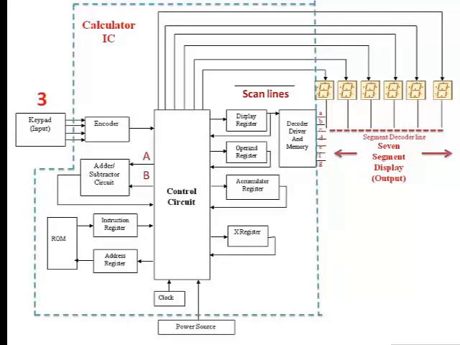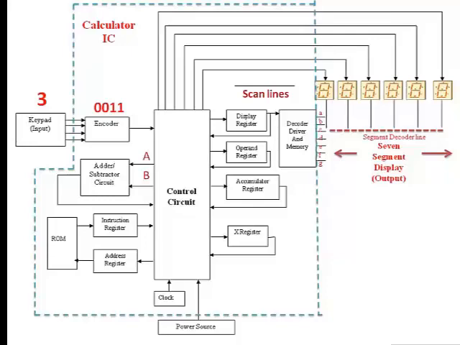Now we press key 3 on the keypad. The encoder circuit translates the decimal number 3 into binary number 0011.